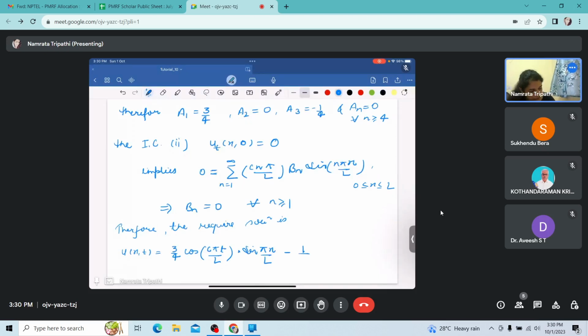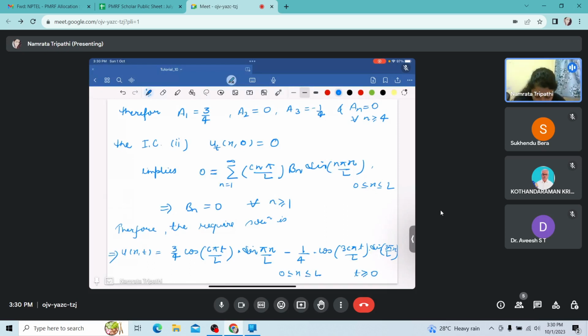And for n equals 3, the value of a3 is 1 by 4 minus 1 by 4 into cos of 3c pi t upon L, for all x from 0 to L and t greater than or equal to 0. So this is the required solution.